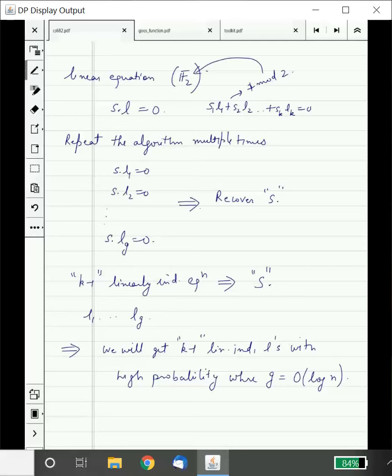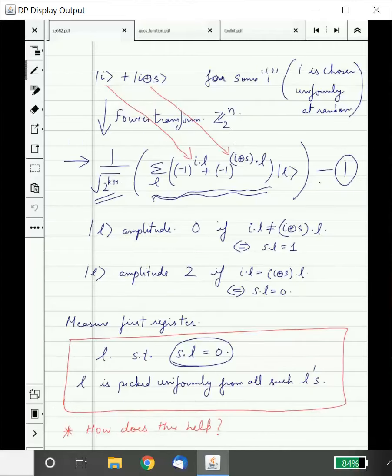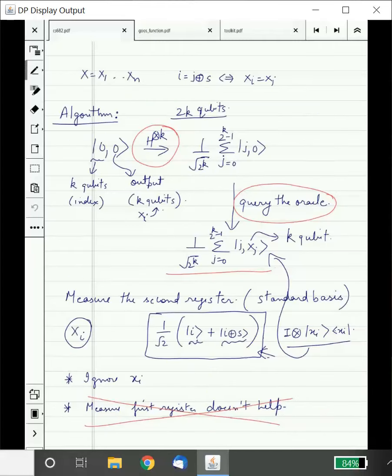Let me once write it again. What do we need to prove? I will call this the Simon's iteration: equal superposition, then querying the ith index, then measuring the second register, all these steps I will call one Simon register. This is the state which I get, which is also called coset state because of good reason.